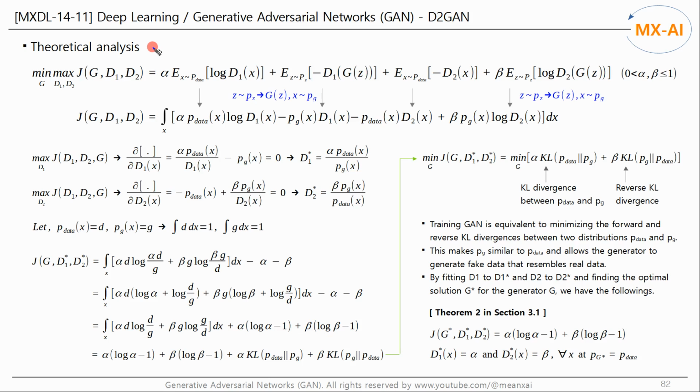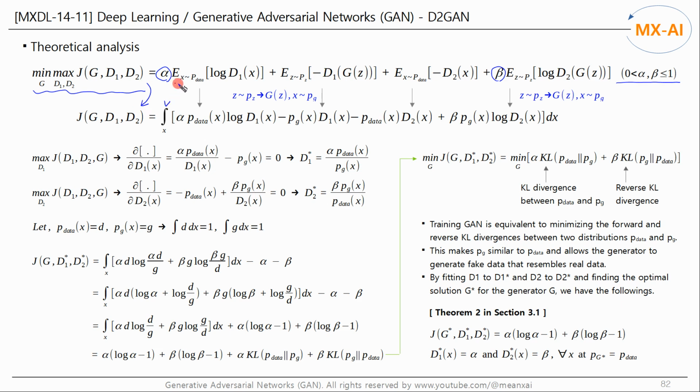Next, let's theoretically analyze the objective function of D2GAN. The minimax objective function of D2GAN is given as follows. As mentioned earlier, this expression contains two hyperparameters alpha and beta, which are greater than 0 and less than or equal to 1. This equation can be written as follows.